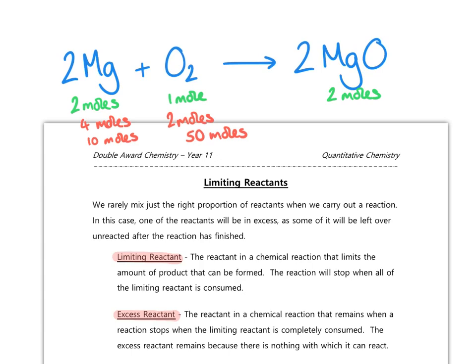In the equation we looked at above, it was oxygen. We'll have some oxygen left over when the reaction is finished, because once the limiting reactant has all been used up, there's nothing left for this excess reactant to react with, and so it can form no more product. And that's when the reaction finishes.